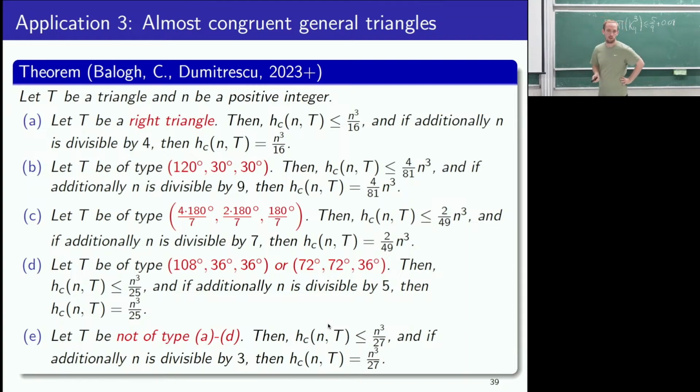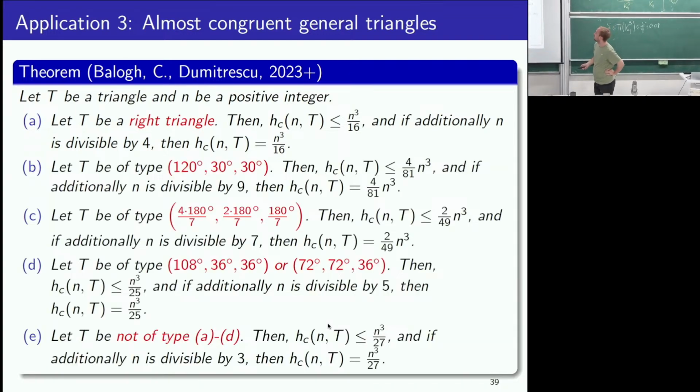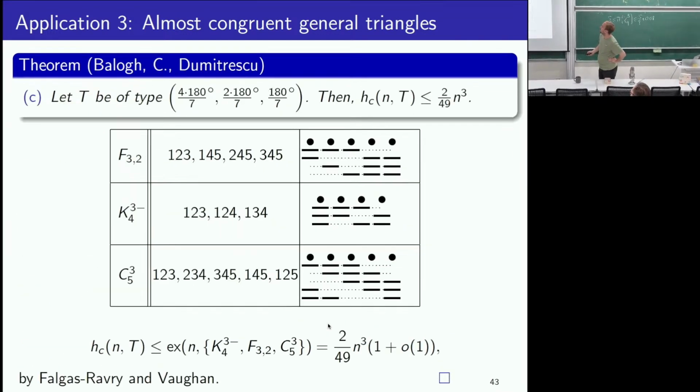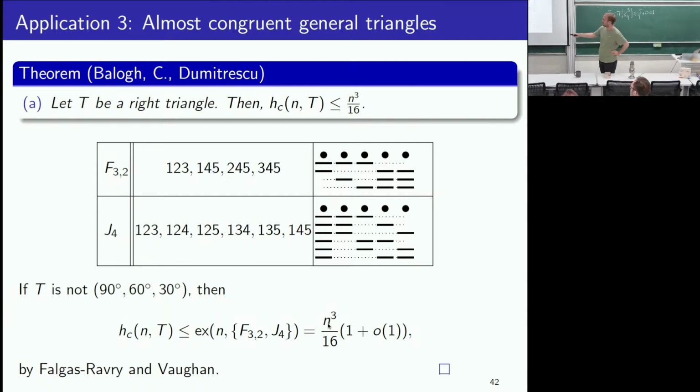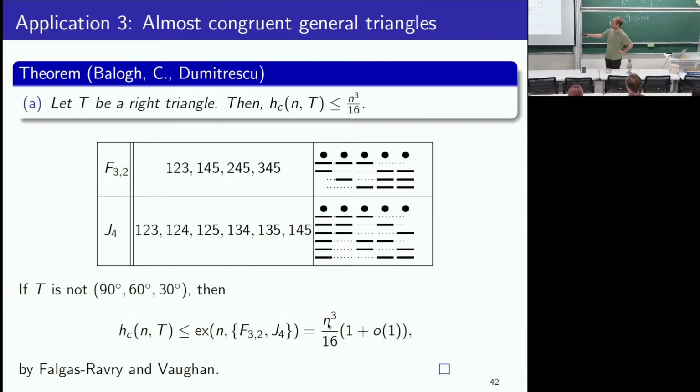Can you remind me which right triangle was a special case, the 30, 60, 90 or something? Yeah, we had it somewhere here. It was special in the sense that it is the only 3-graph result I'm aware of where we get n cubed over 16, and the extremal construction is a complete 4-partite 3-graph. It is the only extremal result I'm aware of.